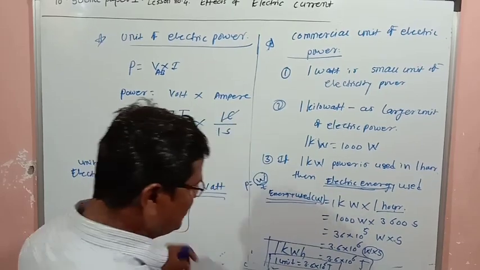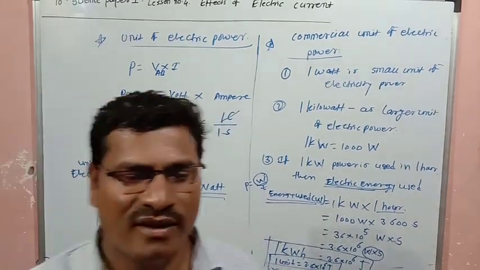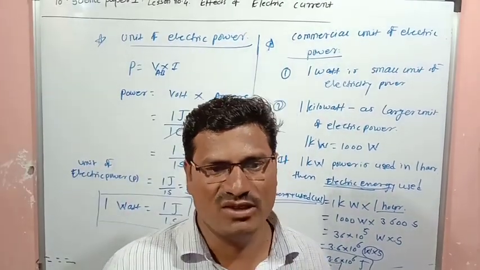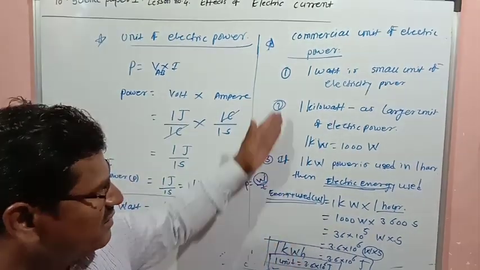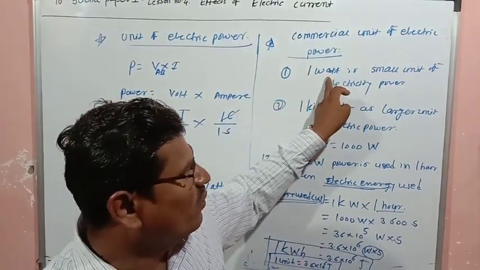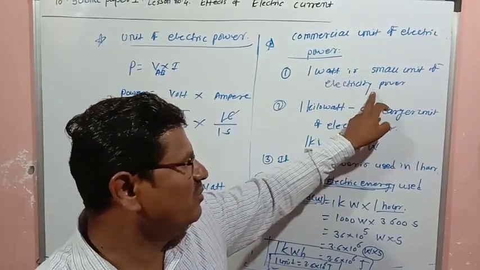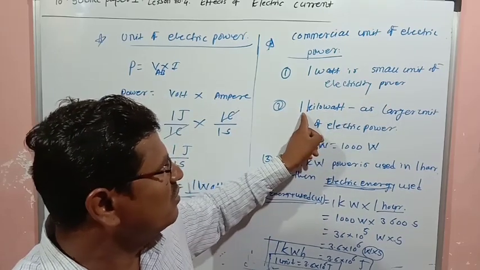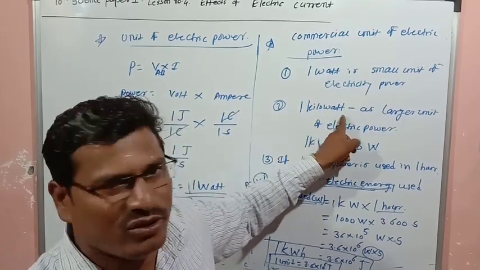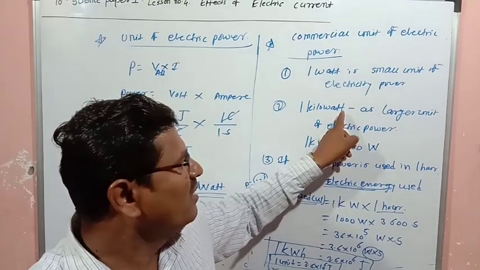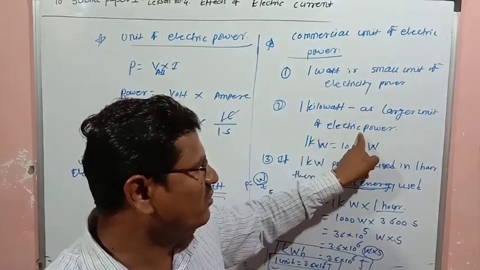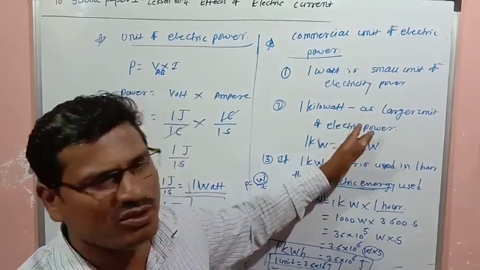This is the unit used for electric bills. So the watt is a smaller unit of power, and the kilowatt hour is the larger unit for that particular energy.